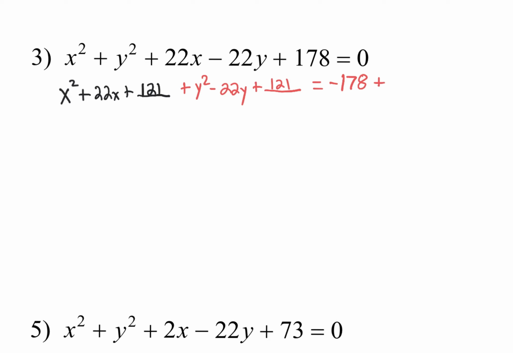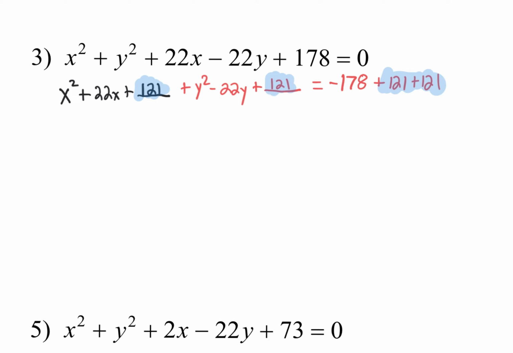Oh, you have to add the 121s. Now that's why you have to be a little bit careful if you do it as you go along. With that first one, remember I put the blanks in there and then I filled them in later. Either way doesn't matter, but you've got to make sure that you add those blanks to both sides.